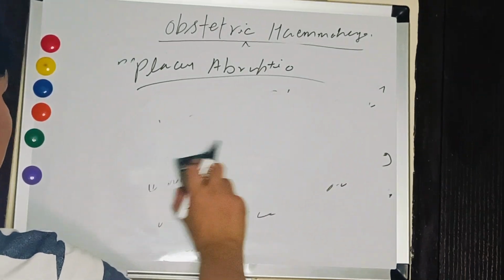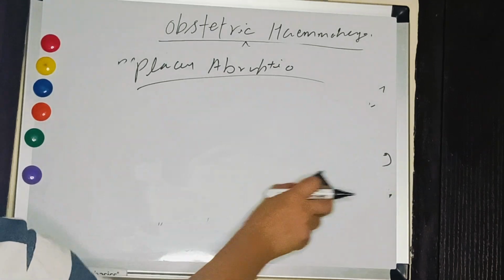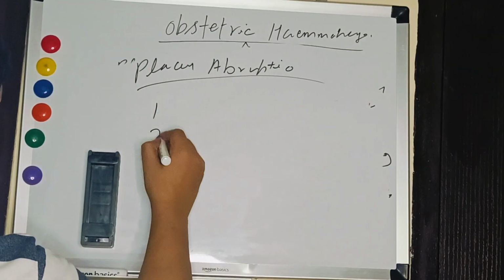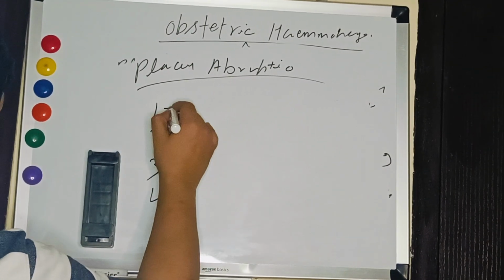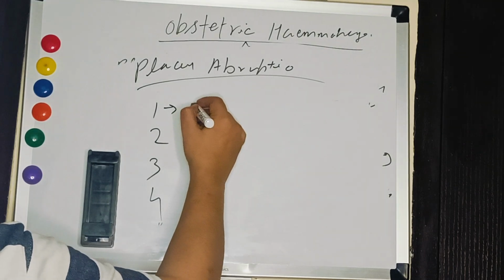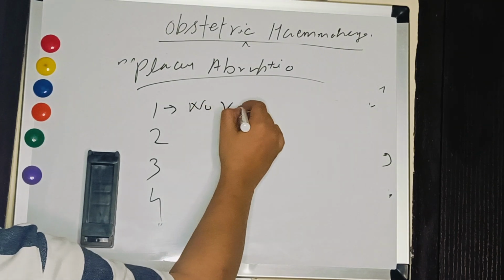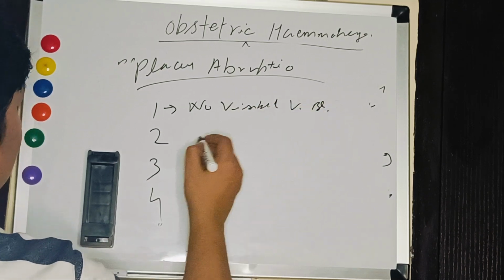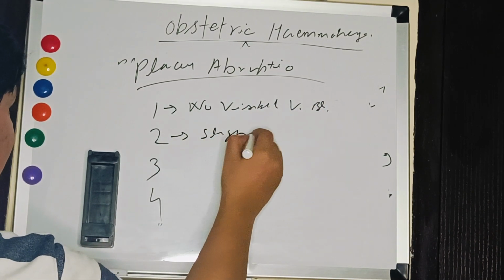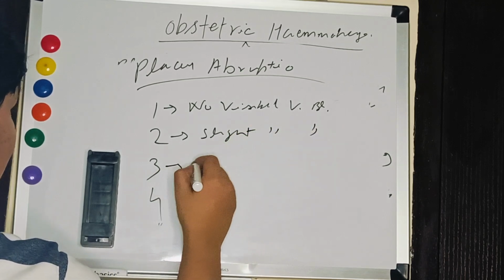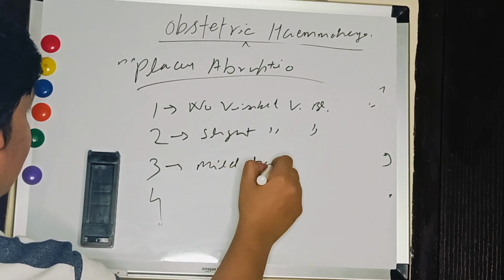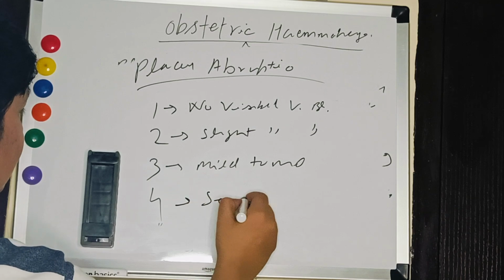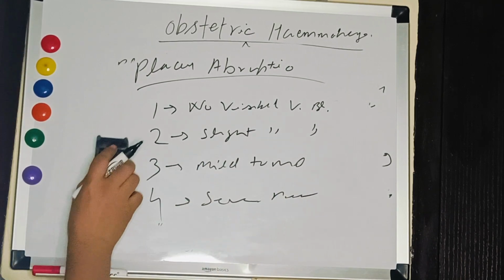Placenta abruptio can be classified into 4 types: 1, 2, 3, and 4. One is no visible vaginal bleed, then slight vaginal bleed, mild to moderate vaginal bleed, and severe vaginal bleed.